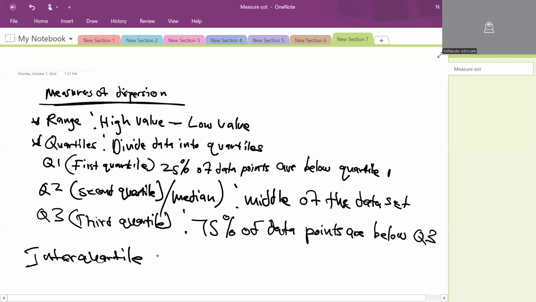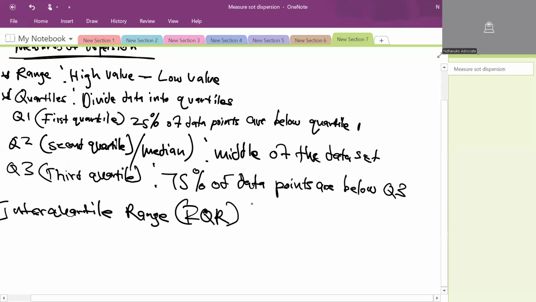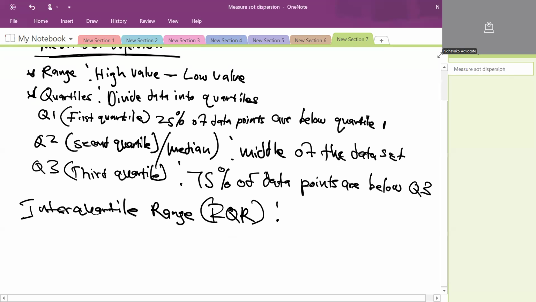the IQR, the formula to deal with this one is very simple.